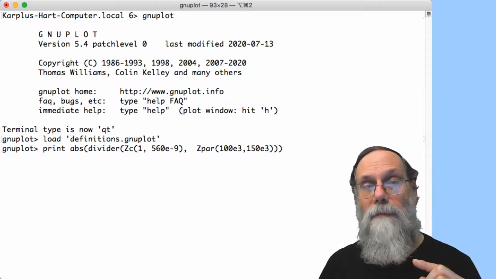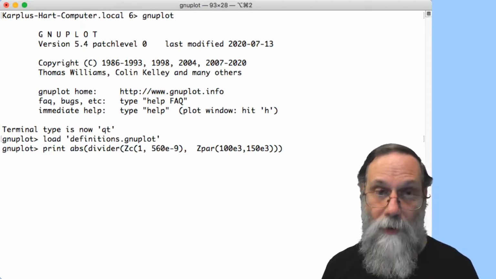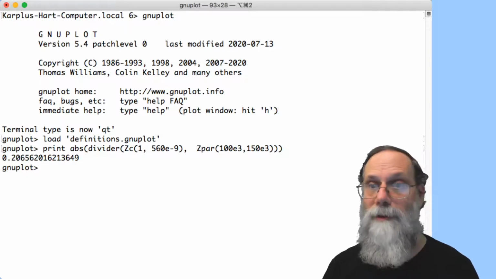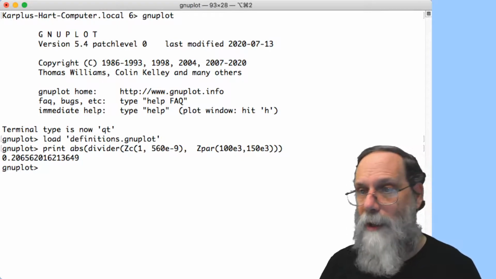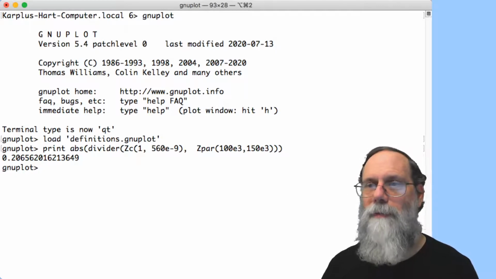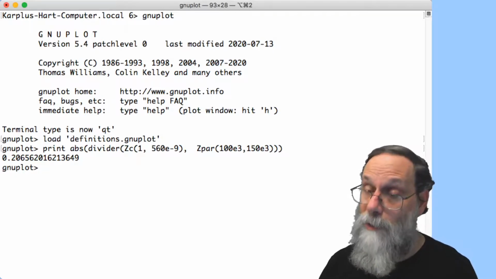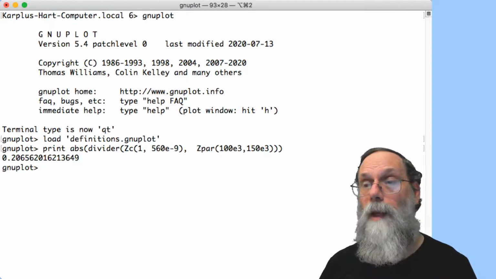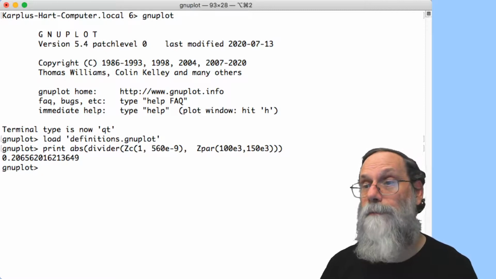And that's 100 kilo ohms and 150 kilo ohms. And so all I have to do now is do that. And it says my gain is 0.2065 and a whole bunch more decimal points, which really don't matter. Well, that's very close to the 0.2 that I was looking for, so it looks like I did it correctly. I've got the right gain at 1 hertz.